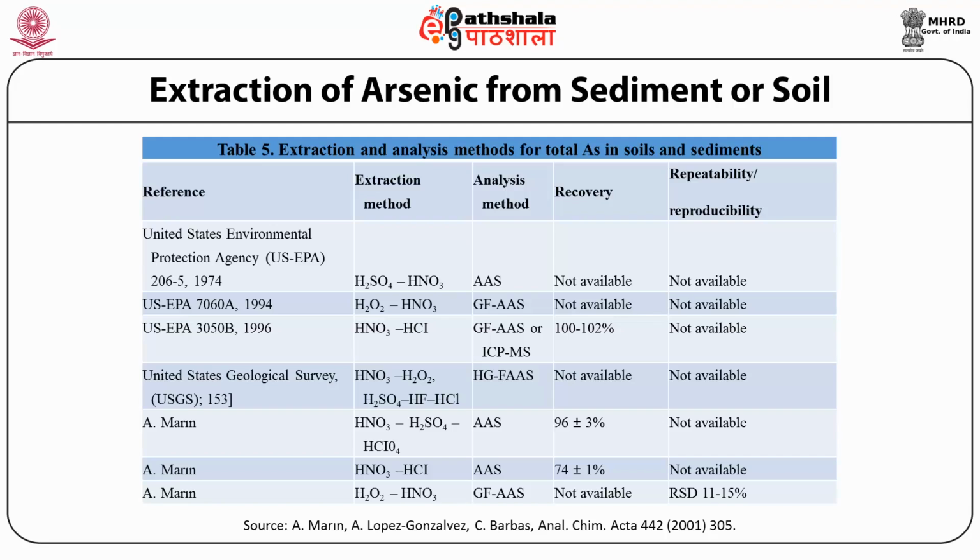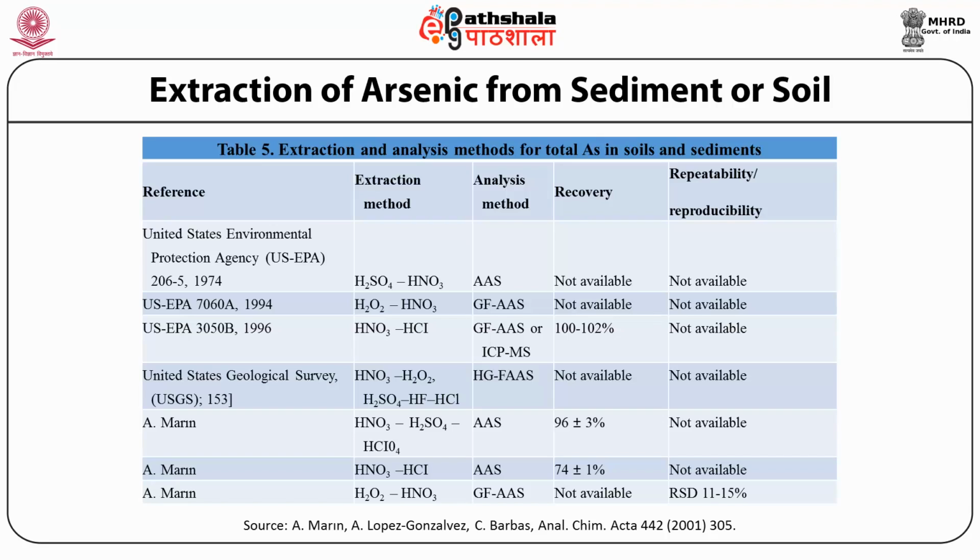According to US EPA, for extraction, a mixture of sulfuric acid and nitric acid is used. The amendments were done in 1994, wherein in place of sulfuric acid, hydrogen peroxide can be used. And in the 1996 amendments, nitric acid with HCl can be used with an analysis method of graphite furnace or ICP-MS. The recovery is 100 to 102%.